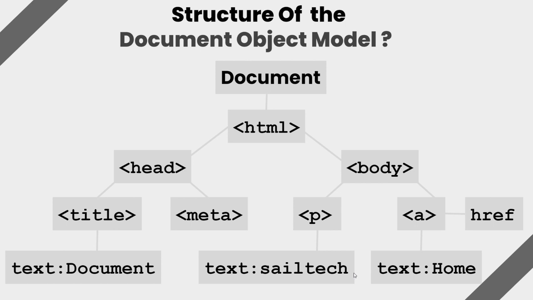So the document actually is the root node, or what you would call the root object of this DOM. By the word root, we mean the very first object, the first entity. That's what the root actually means. So the document we are seeing here is actually the root object.